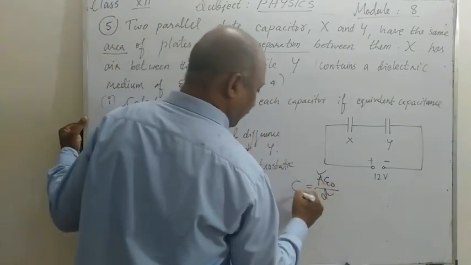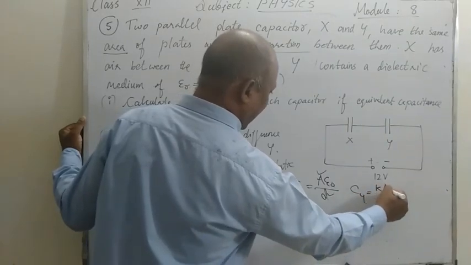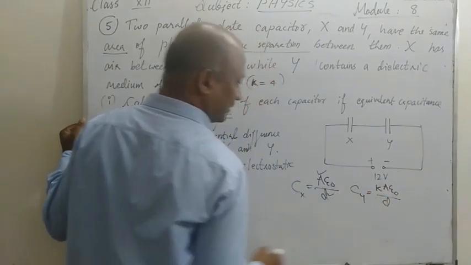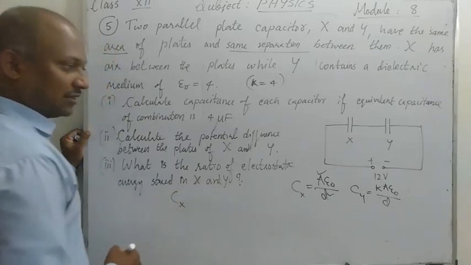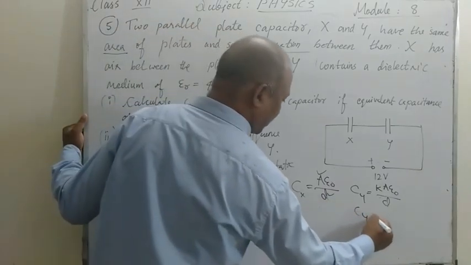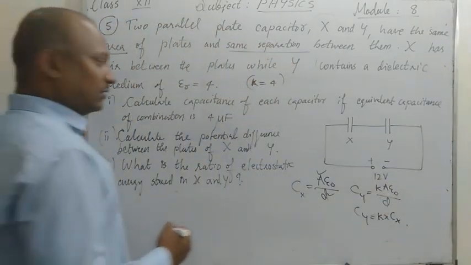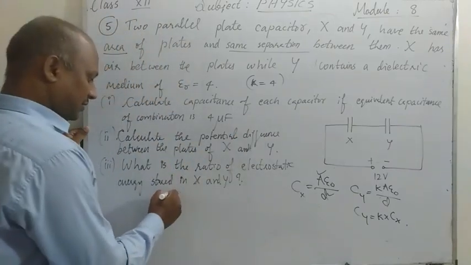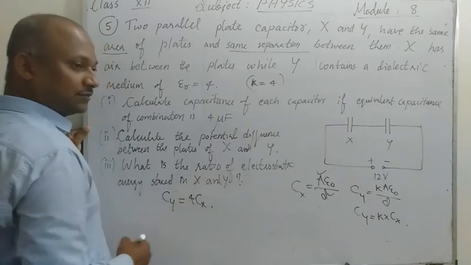So for X it is that formula, but for Y the formula is K A epsilon naught upon D. So Cy is equal to K into Cx. Here Cy is equal to 4 into Cx.